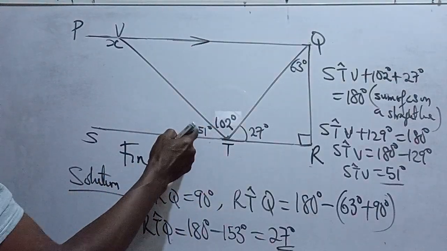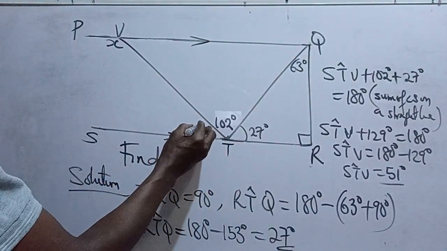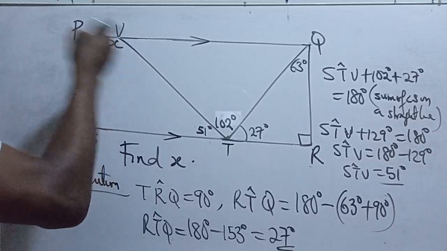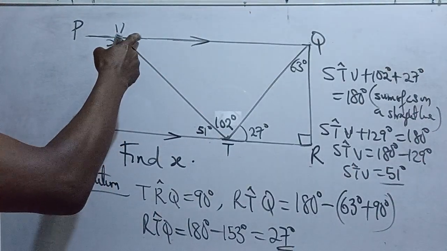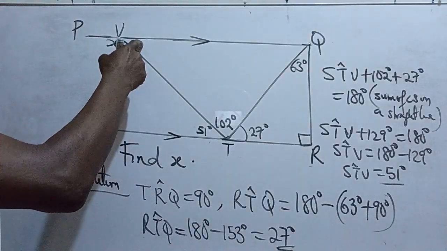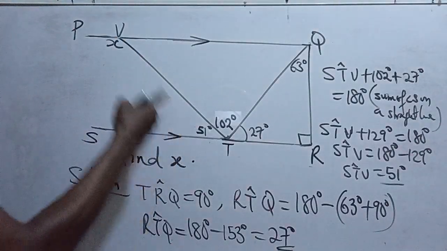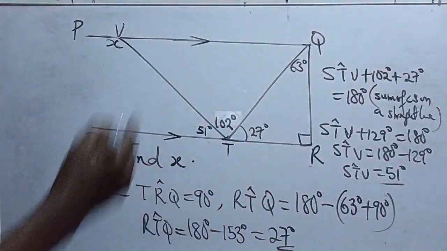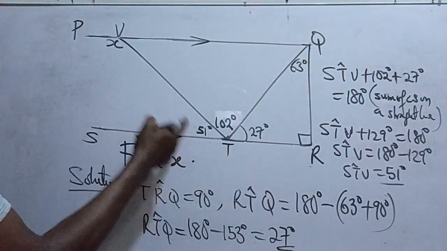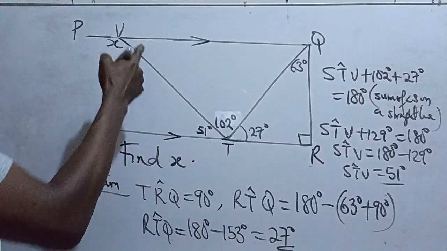If this angle is 51 degrees, what is the relationship between this angle and this particular angle? Looking at this closely, you will observe that since lines PQ and SR are parallel, this angle and this angle are alternate to each other.